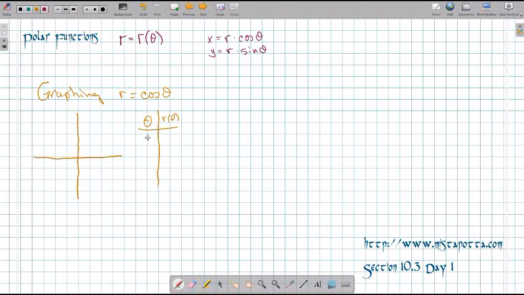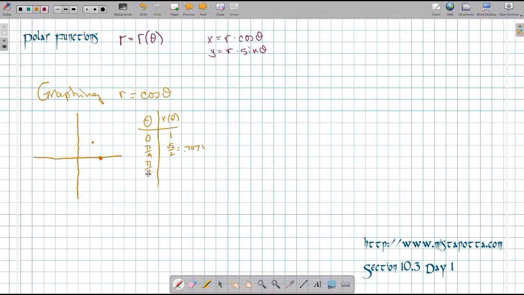So if theta is 0 radians, then the cosine of 0 is 1, and that's this point here, 1 unit away from the origin. At pi over 4, the cosine is going to be radical 2 over 2, which is really 0.7071. So out at this 45-degree angle, I'm not going to go a full unit. I'm only going to go part of the unit out.